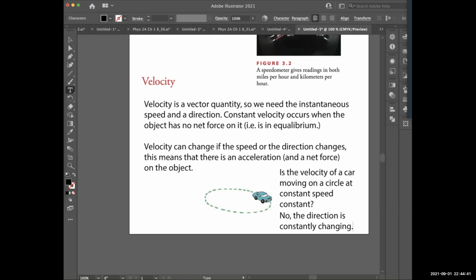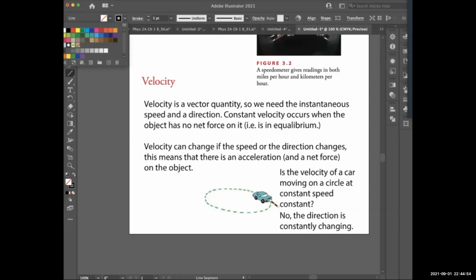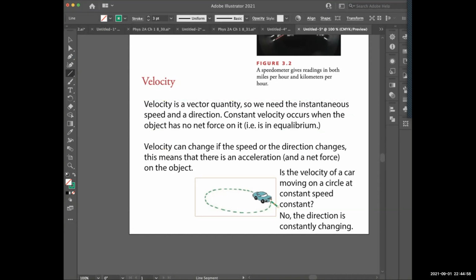So here, if I draw like this, let's make it a little bigger. This would be my velocity vector right here, pointing right here. At some later time, it points this way.